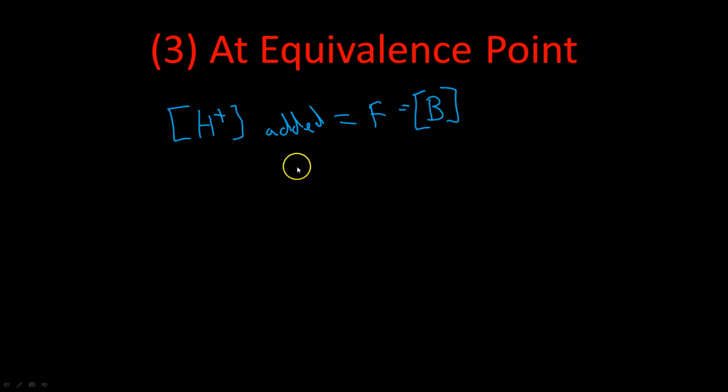You're in a 1-to-1 ratio here. In this case, it's as if you made a solution that was just BH+, and BH+, our protonated base, is just a weak acid.